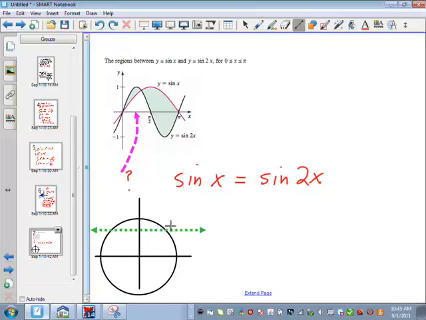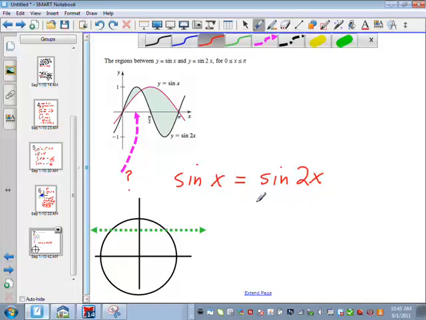Not 45, because the sine of 45 and the sine of 90 are not the same. Pi over 3, right? The sine of pi over 3 is one thing, and then 2 pi over 3 is over here. So it is pi over 3. So that's the by inspection example.